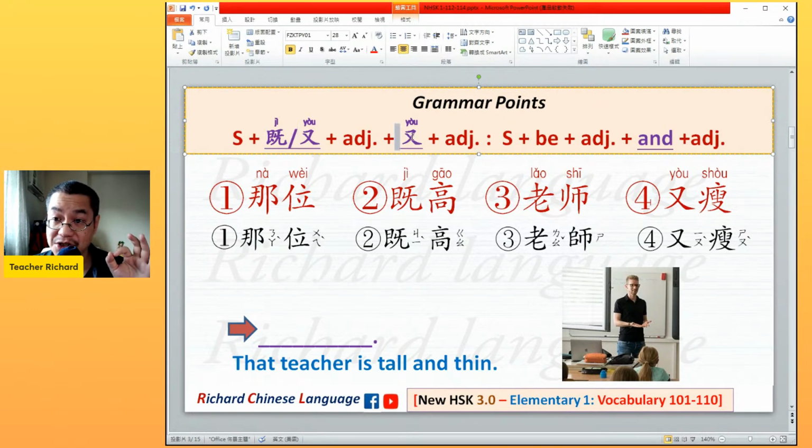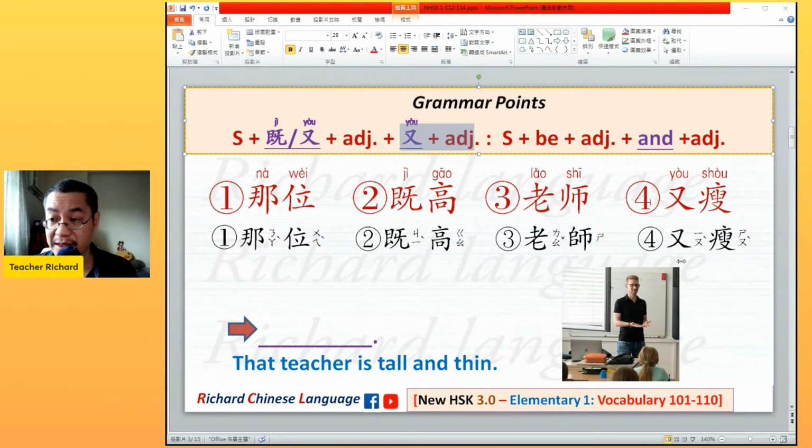And pay attention: the second 又 you cannot replace with 既. You can replace the first one only. So it's 既 adjective, 又 adjective, or 又 adjective, 又 adjective, which means both adjective and adjective. Hopefully you understand it.